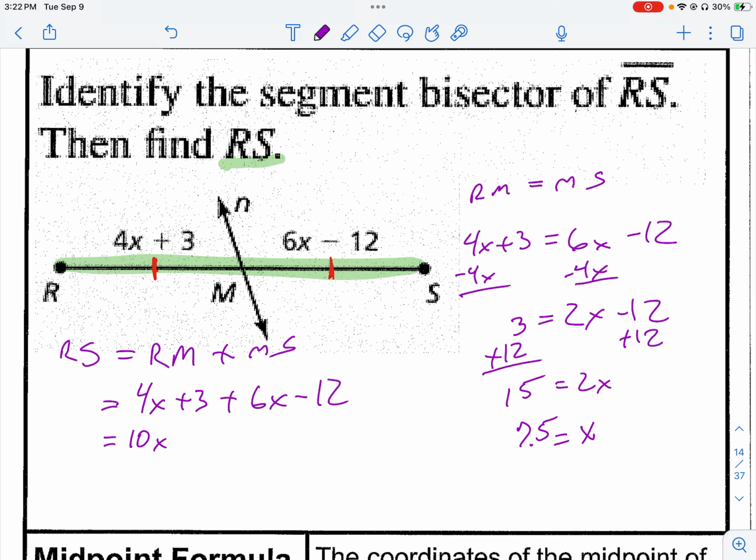So I get 10x. 3 positive 3 minus 12 is negative 9. 10 times 7.5 minus 9. So 75 minus 9 is 66. And we are done. And in the next video we'll pick up with the midpoint formula.